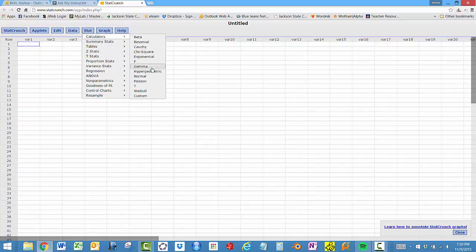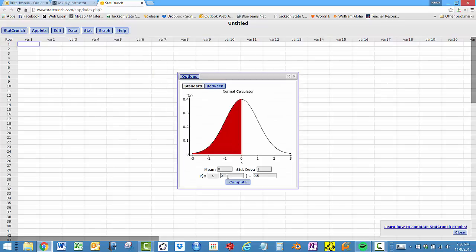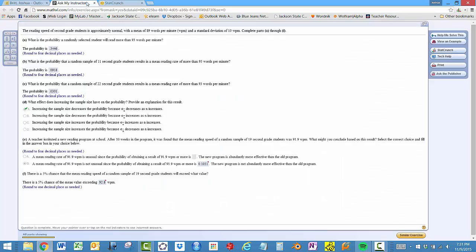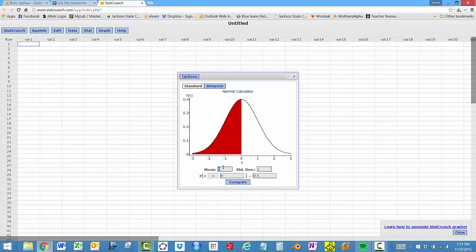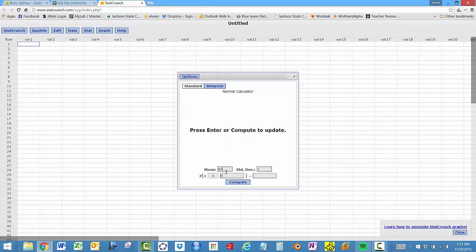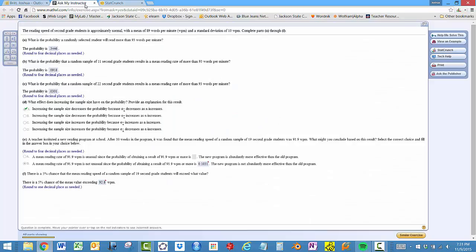And we can go to the normal calculator, and the mean is 89. Standard deviation is 10 divided by the square root of the sample size.